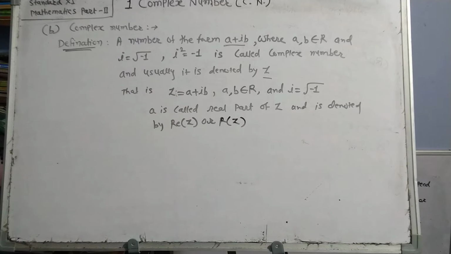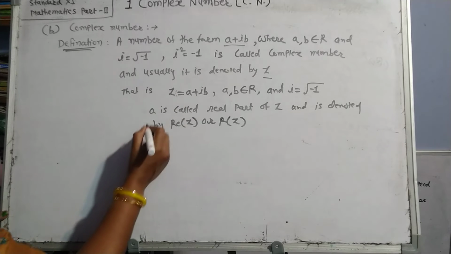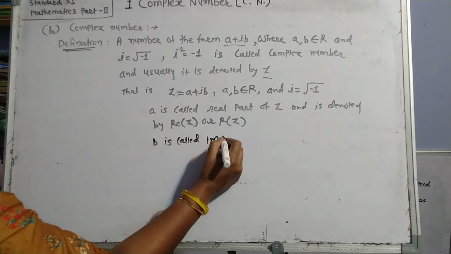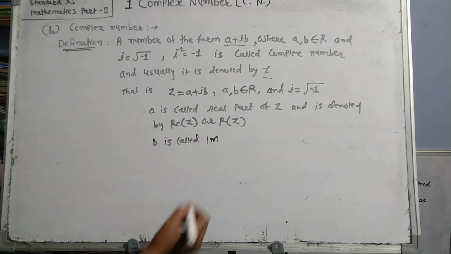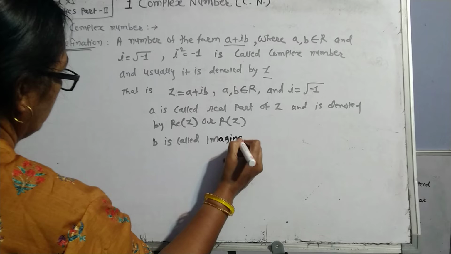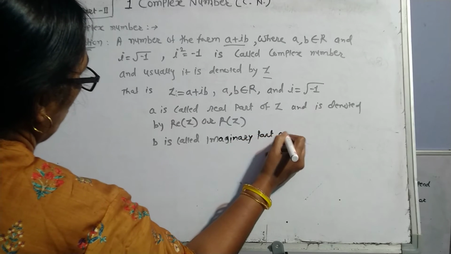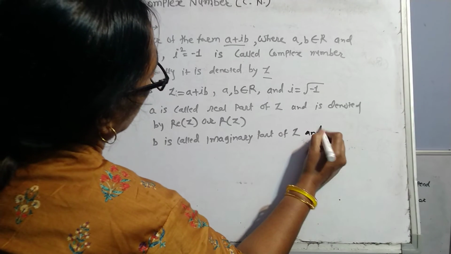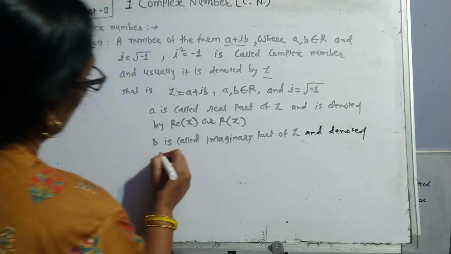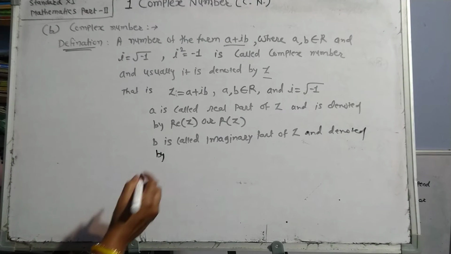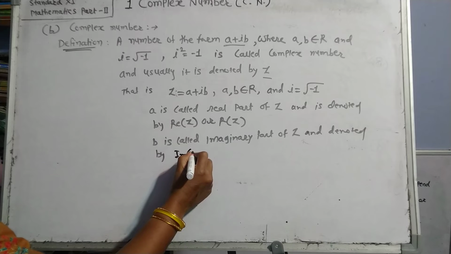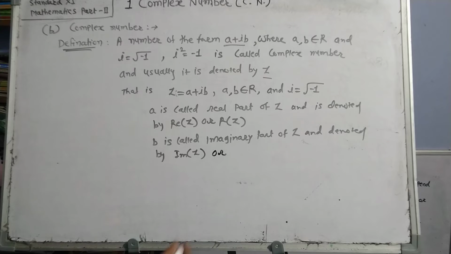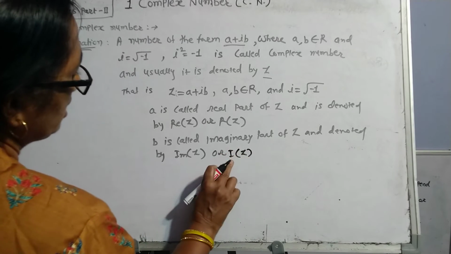And b is called the imaginary part of z. Z means complex number, and it is denoted by Im(z), imaginary part of z, or only Im in bracket z.